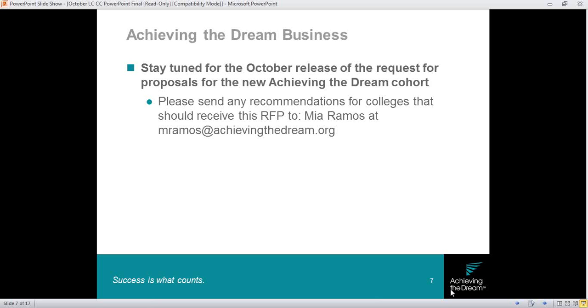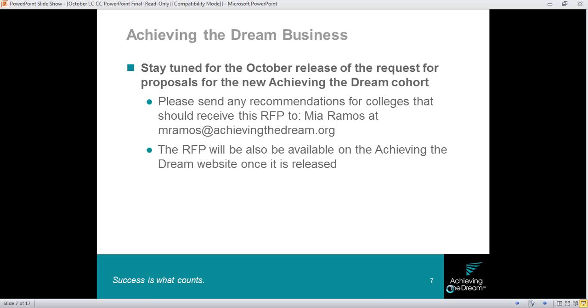If that is the case, we'd really love it if you could alert them to the fact that in about 2 weeks' time or so, there is going to be the release of this RFP. They can contact Mia Ramos at our office to get more information. They can also go on the Achieving the Dream website. We're happy to send the RFP directly to anybody that is interested in seeing it. But we really need your help in spreading the word, if you know of others who have from time to time expressed interest in trying to become part of the network.